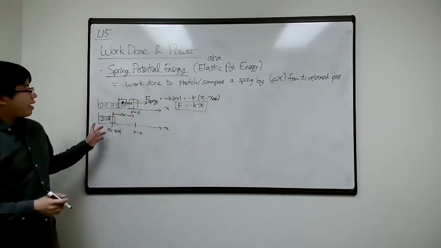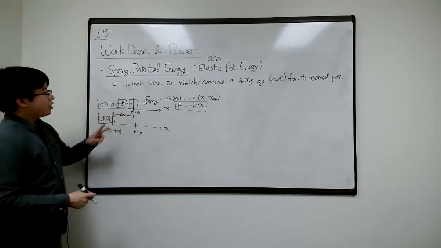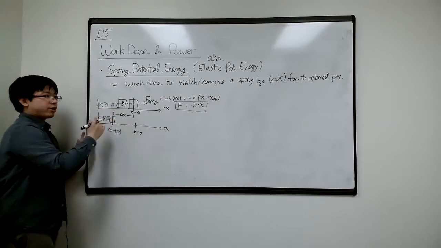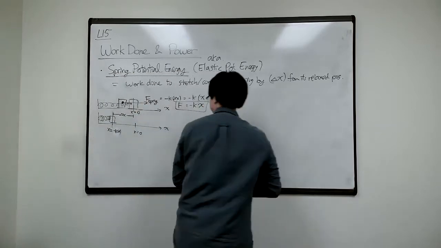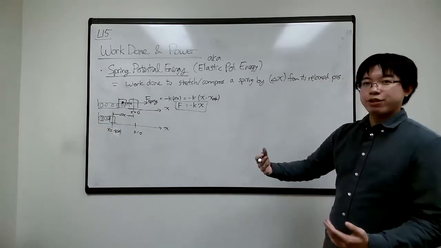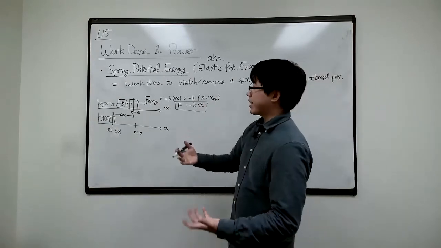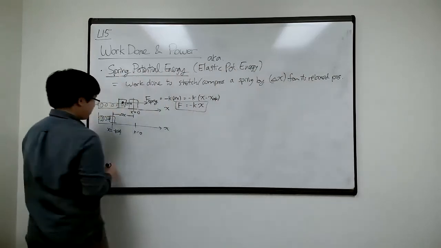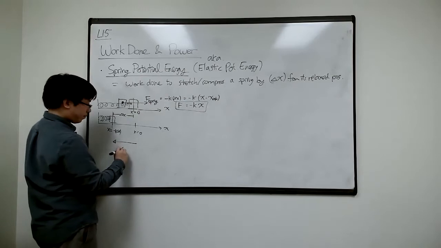So what is the work done by the spring when you move it from here to compress it? There are a couple of ways to do this. We can use the simple definition, or the second level one, or the third level one, in terms of complexity. Let's start with the simplest one. What is the displacement? The displacement is this way.